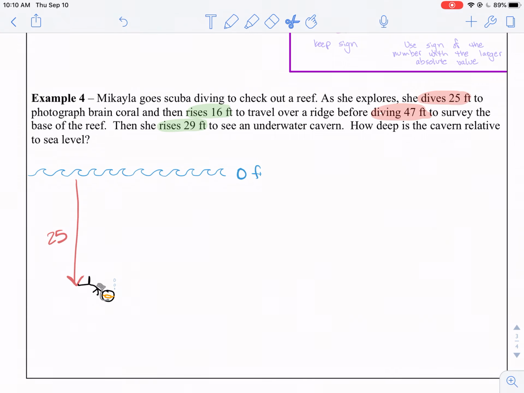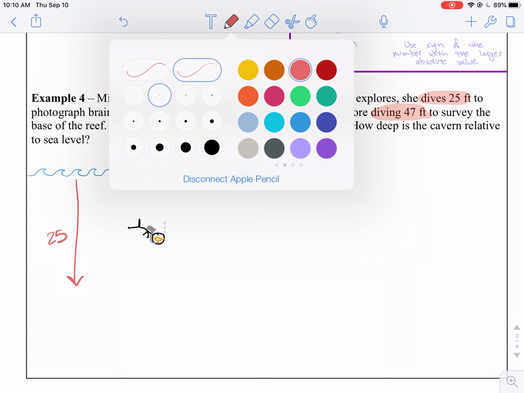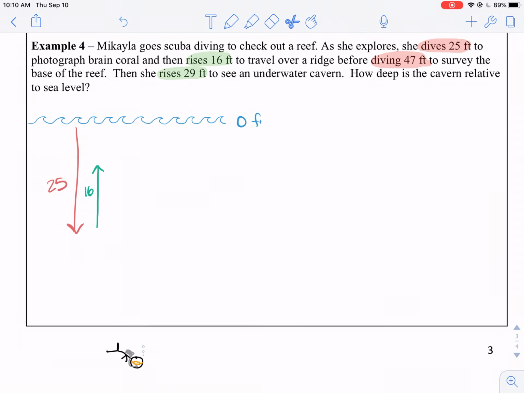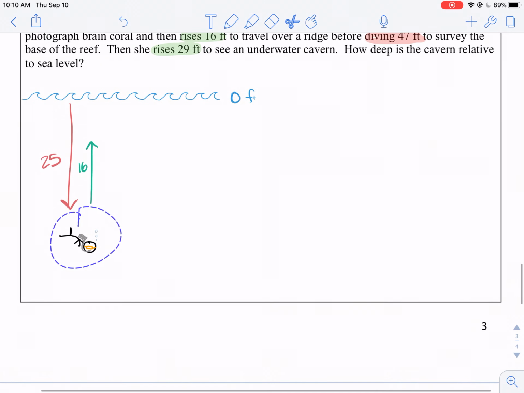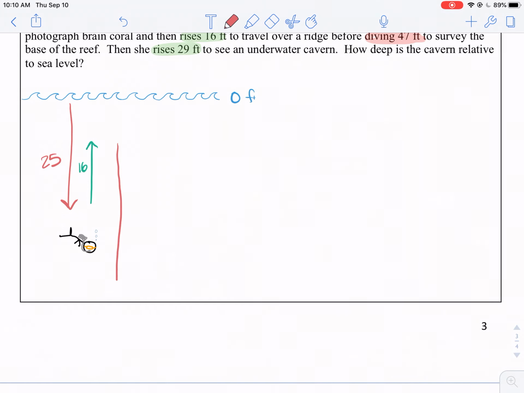Then after that, from there, she goes up 16 feet. So she rises up 16 feet to get over a ridge, cool, and then she goes down 47 feet from there. She goes so down she gets to the other page. I'm just kidding. All right. She goes down 47 feet.